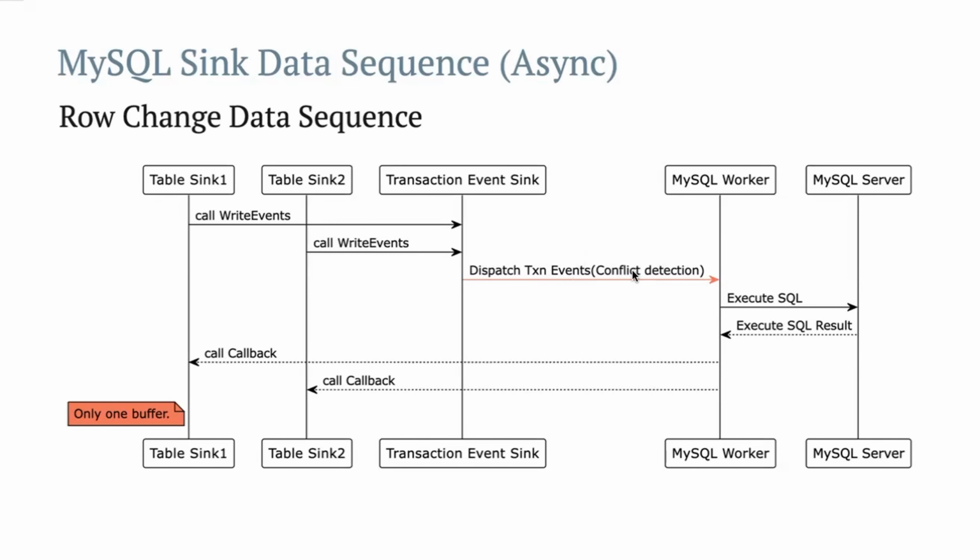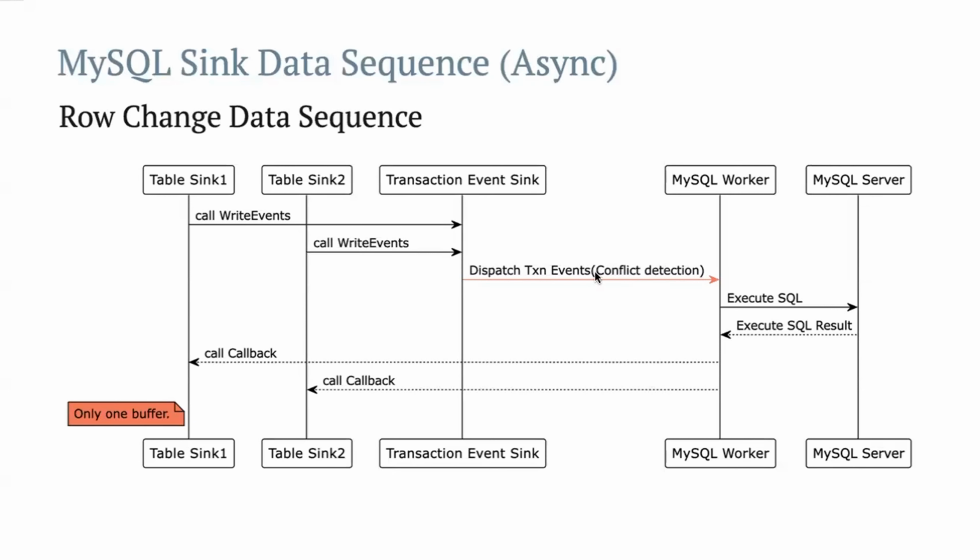To speed up, we can have multiple workers, maybe 16 or 32 workers. Those workers can write the events to the TiCDC system concurrently.